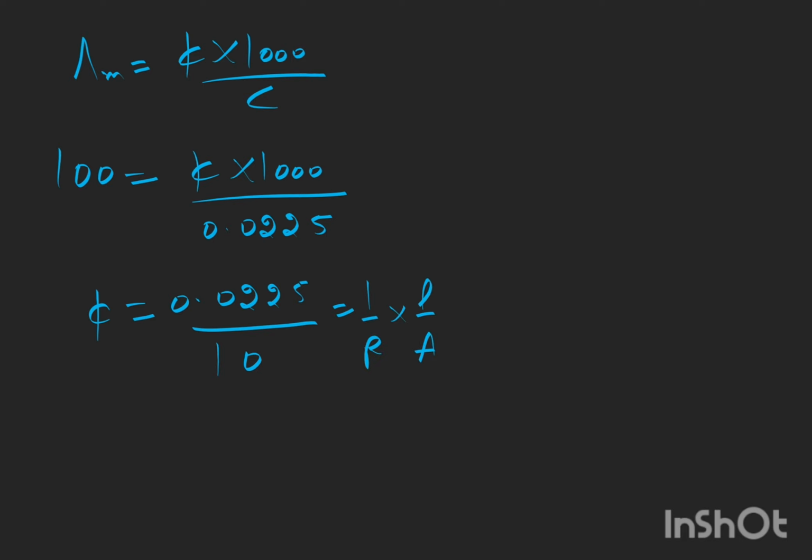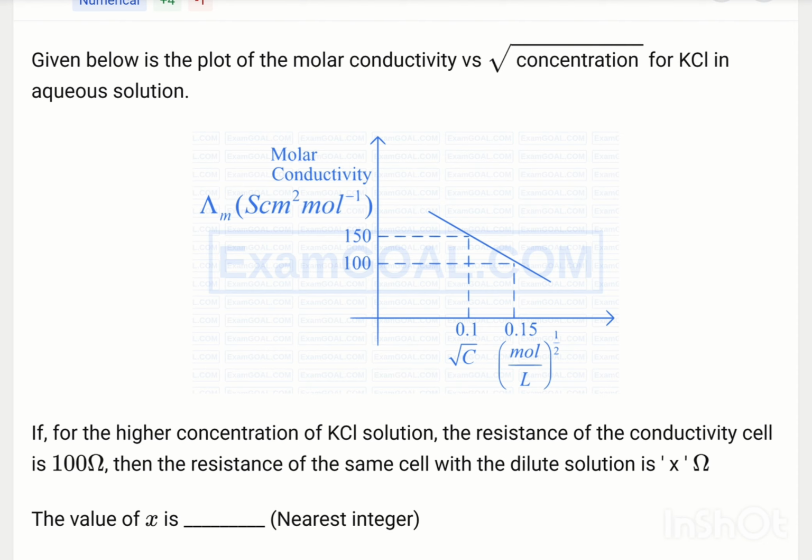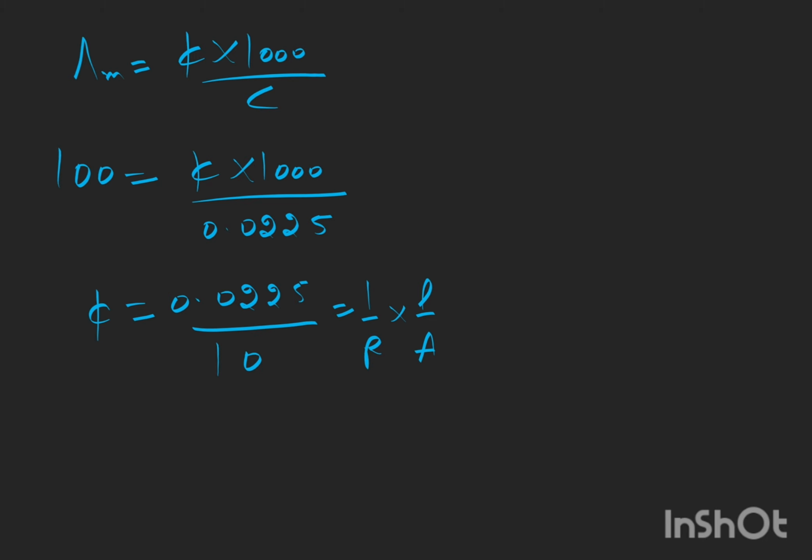The resistance given is 100. So 100 upon 10, that means it will be 0.0225 upon 10 into 100. Okay, so it will become equal to 0.0225.